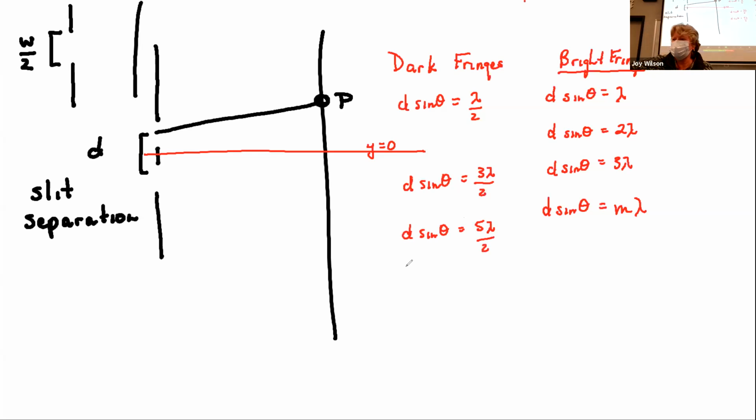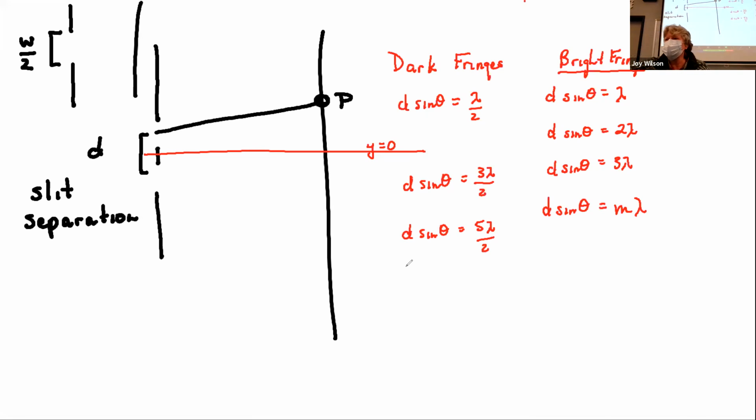Everybody see what we're doing? It's identical to what we just did with single slit. So what's the only difference? We use D to remind us that we're doing the distance between slits, not the width of the opening. With single slits, you're working with the width of the opening. With double slits, you're working with the distance from one slit to another. Okay? That's the first part.